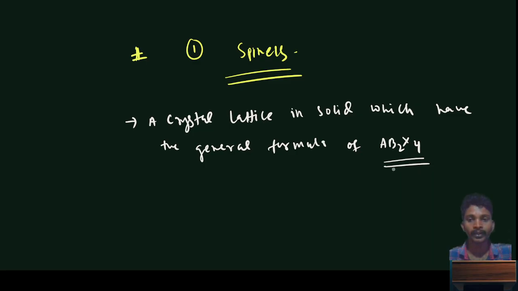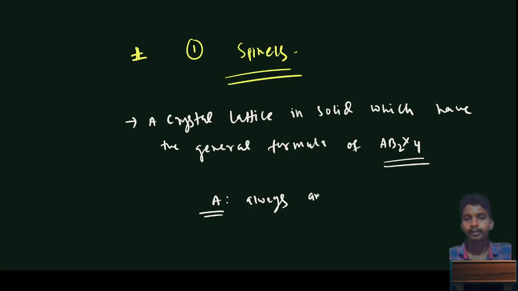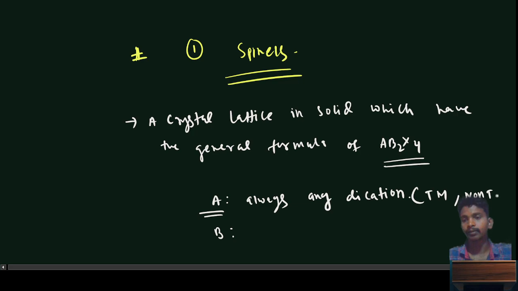Now what is A, what is B, what is X? A is always any divalent cation; it may be a transition metal or a non-transition metal.